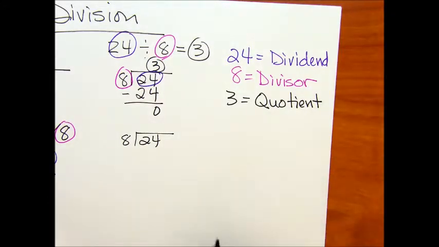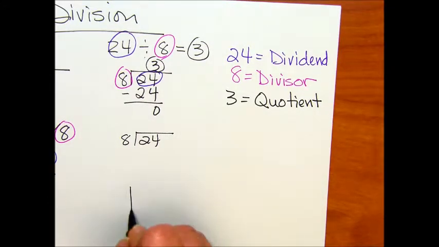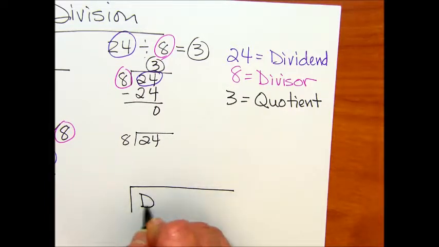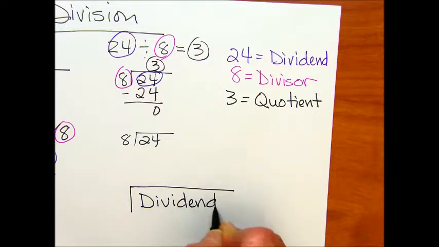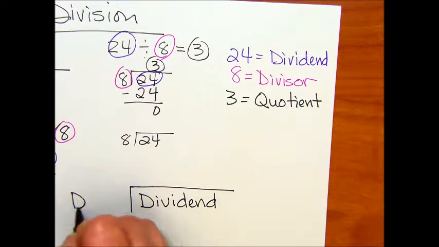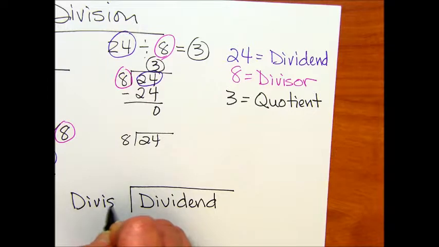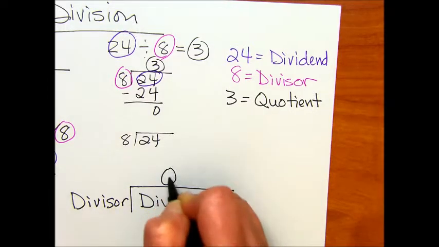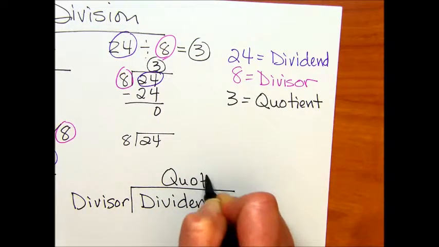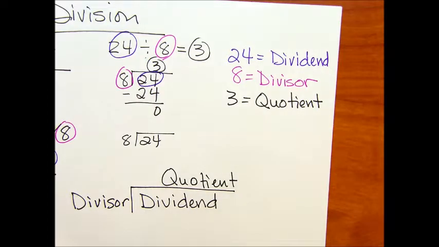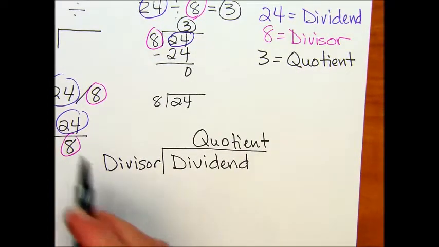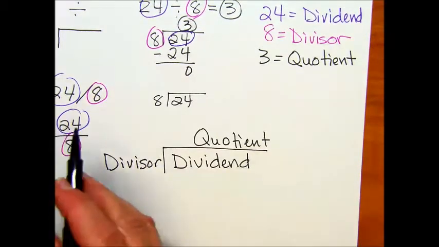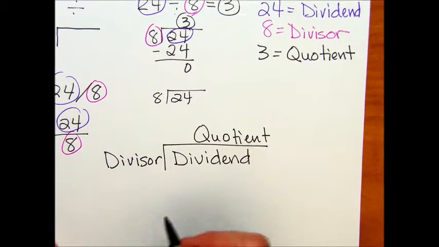Okay, so if it helps to make a little cheat sheet here, I'm going to put dividend under here, divisor, and quotient. You can also write it as a fraction or with a backslash.